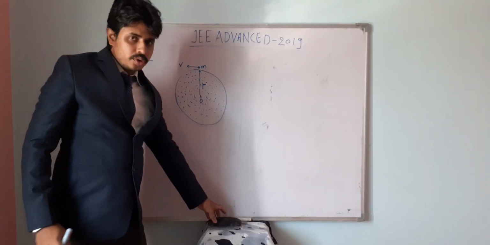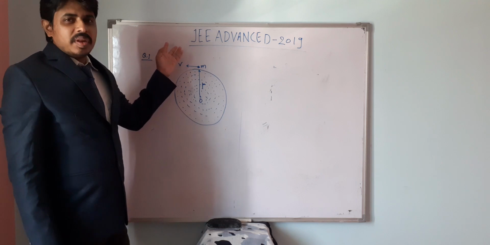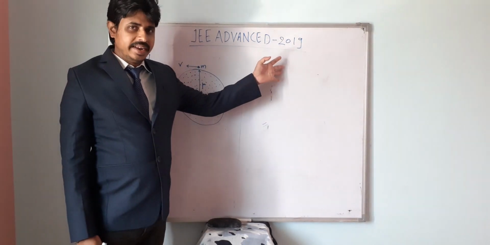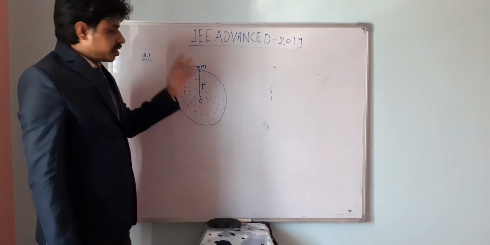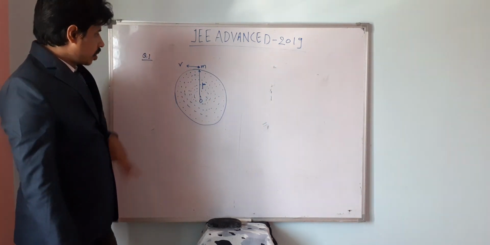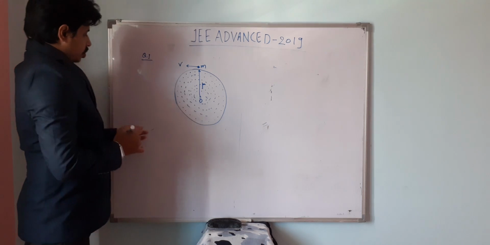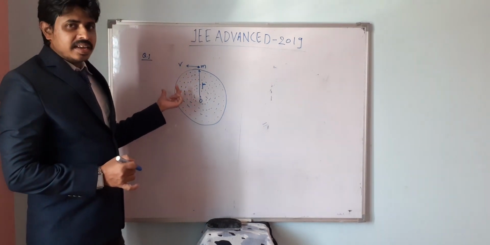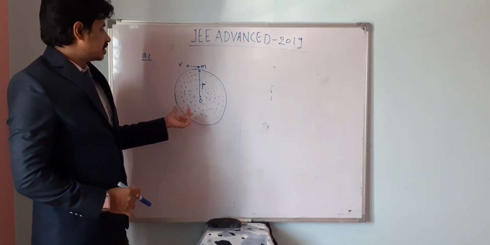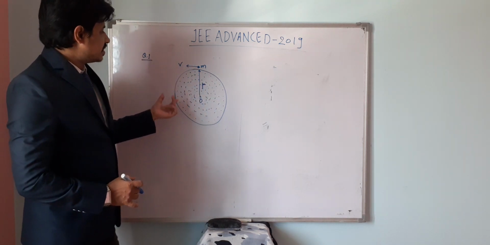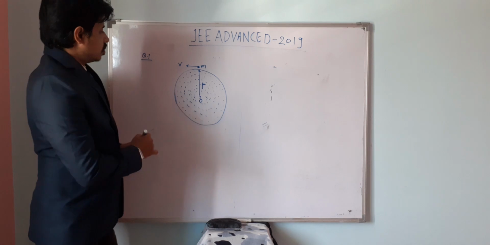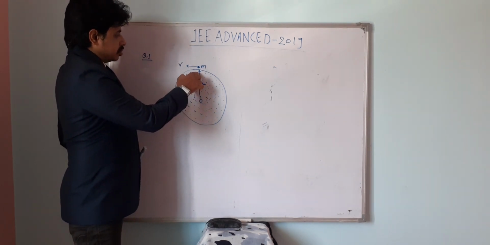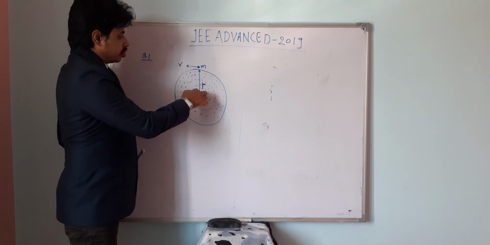Today I am going to discuss some previous year questions of JEE Advanced, basically JEE Advanced 2019. So let's start from the first question. Here is the question. As you can see in the diagram, a spherical gaseous cloud is given whose center is O, and the density of this gaseous cloud is non-uniform.